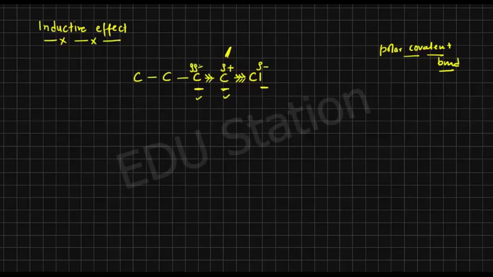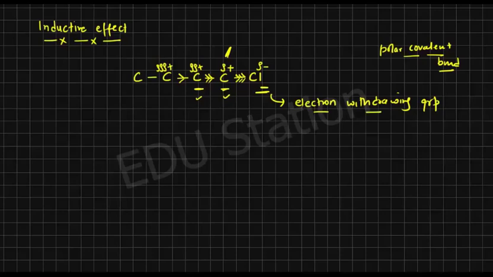So, this will carry a very small positive charge. This has become positive, so this will withdraw electrons from the next carbon, so this will carry a very small positive charge. Now, after 3 carbons, this effect becomes negligible, so we neglect it. This is a permanent effect in the molecule. This is an electron withdrawing group.